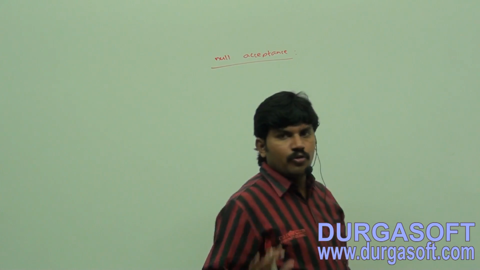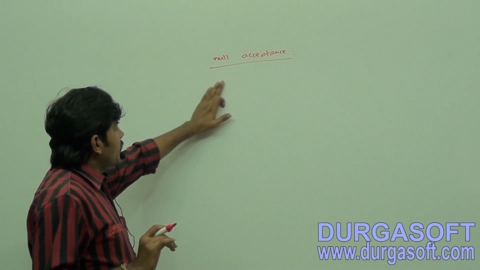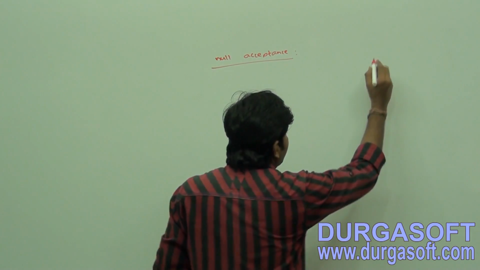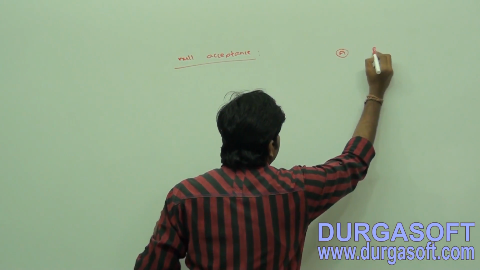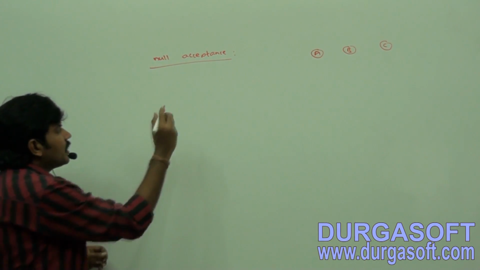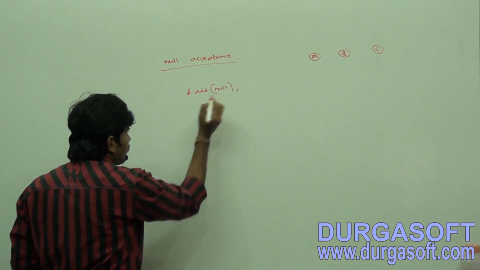What are the loopholes here? Listen to this. If for the TreeSet I already added some elements, A added, B added, C added, and now I am trying to insert a null.